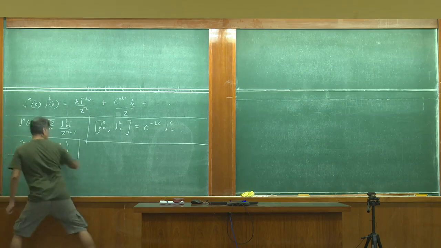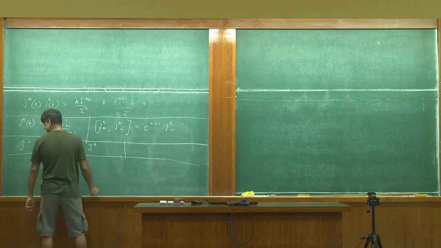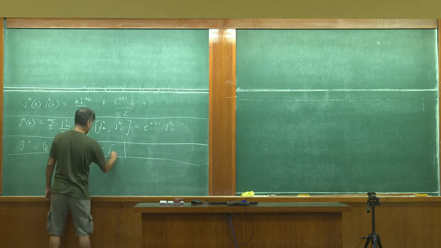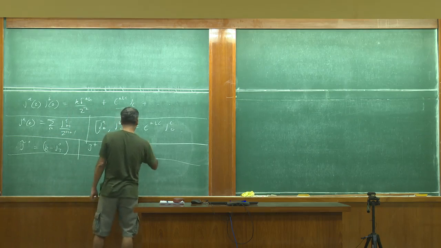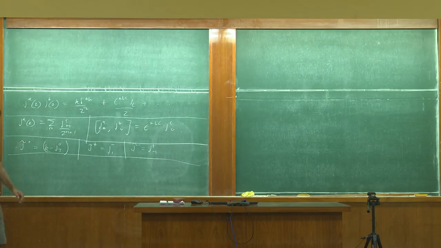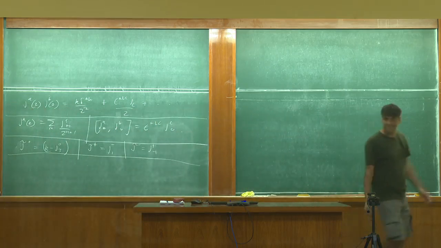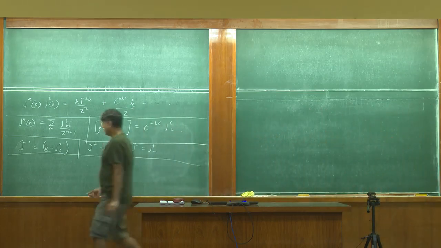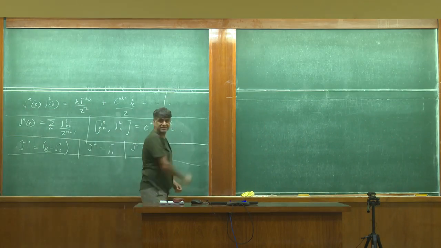Then J tilde plus was equal to J minus with a 1, exactly. And J tilde minus was equal to J plus with a minus 1. We showed that these also formed an SU(2) current algebra.